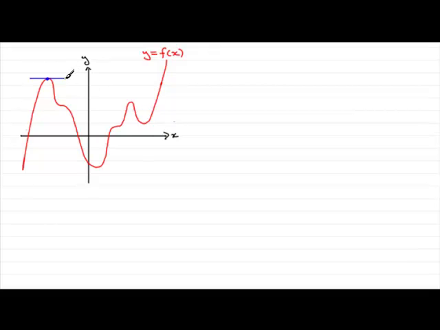And there's another point on the curve that is similar to this one. It's over here. Now points like this are often referred to as maximum points. Maximum stationary points, if you like. You'll also notice though that I've put in the word local because some people will call them local maximum points. Why is that? Well, purely because at this point the y value here isn't the largest value.